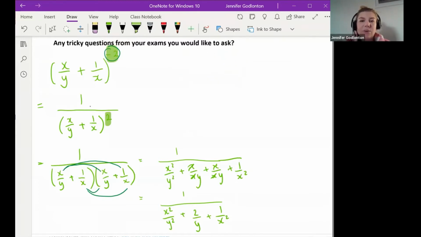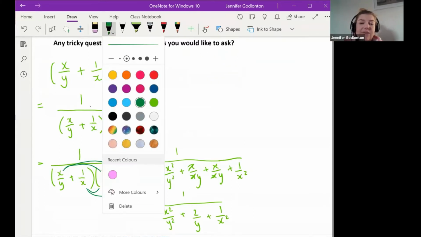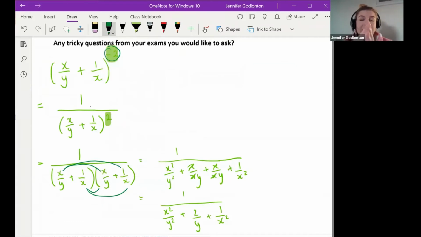Another way you could do this question is to add these fractions together so that you have it as one thing, in which case we would need a common denominator, and our common denominator would be xy. So I'd need to multiply that by x, and I'd need to multiply that by y.